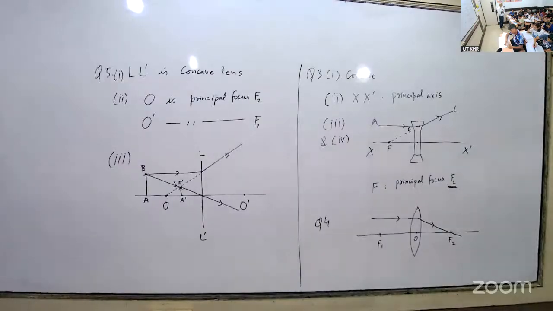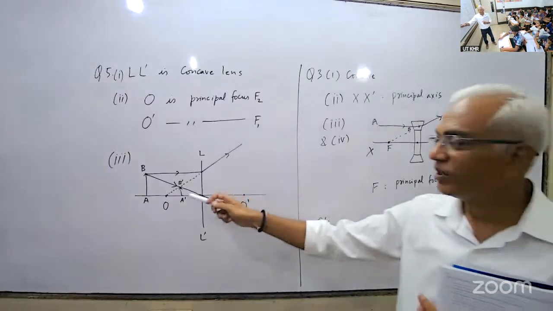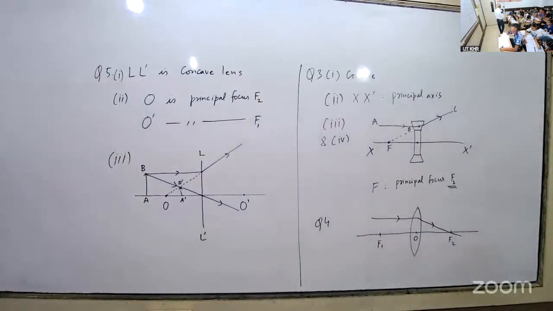What else? The image looks smaller, so it is diminished. It is virtual, erect, diminished. And position is, where is the position?